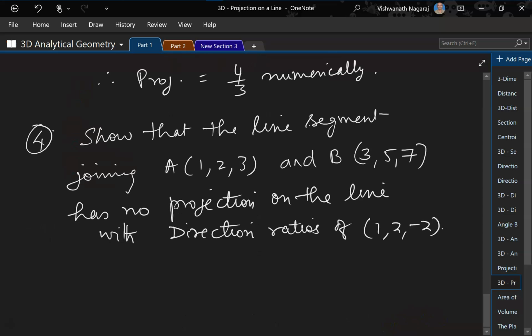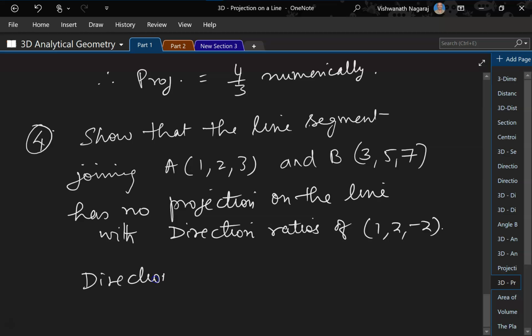So basically the same type of problem is being reworded. When will a line have no projection? When the angle is 90 degrees. So we have to prove that AB and the other line are perpendicular to each other. Okay, so let's do that.